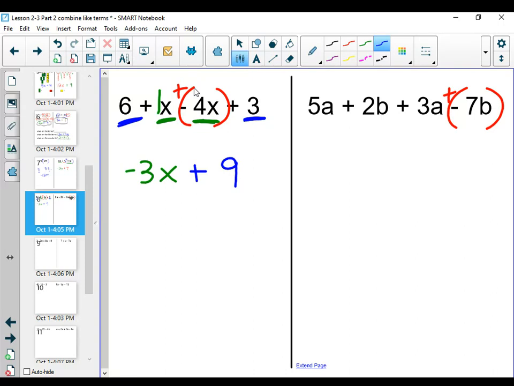First, I did stuck like glue. I saw there was an invisible 1. Combine the like terms, combine the constants.